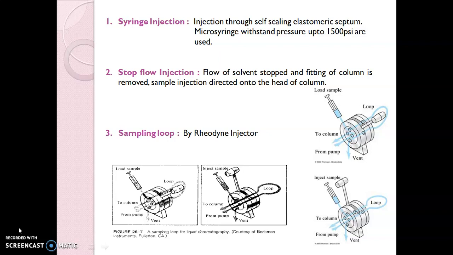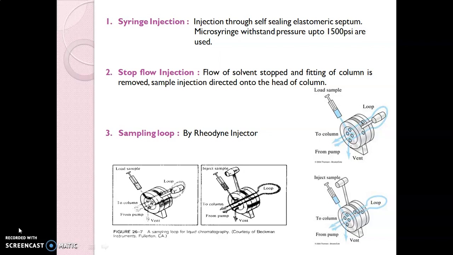In the syringe injector, injection is through a self-sealing elastomeric septum. We are passing our sample into the HPLC system through the self-sealing elastomeric septum. Here a micro syringe is used, which withstands pressure up to 1500 psi. So this is the syringe injection.